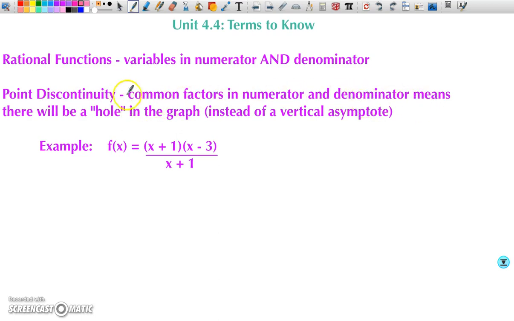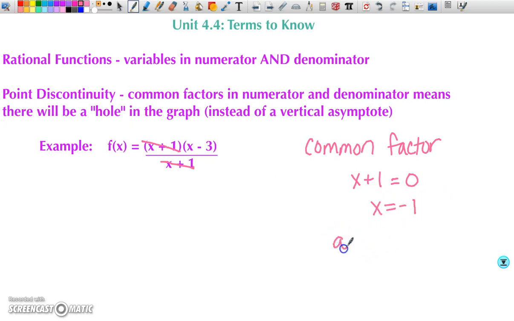What it does is it means that there will be a hole in the graph instead of having a vertical asymptote at that point. So for an example like this common factor right here, because it's a common factor in the top and bottom, the common factor is x plus 1. And so what we do is we take that and we set it equal to 0 to get x equals -1.